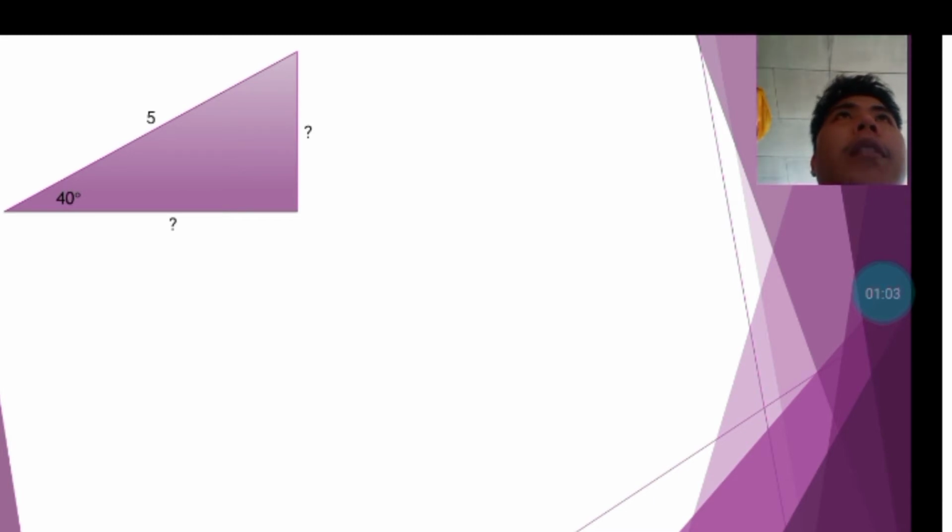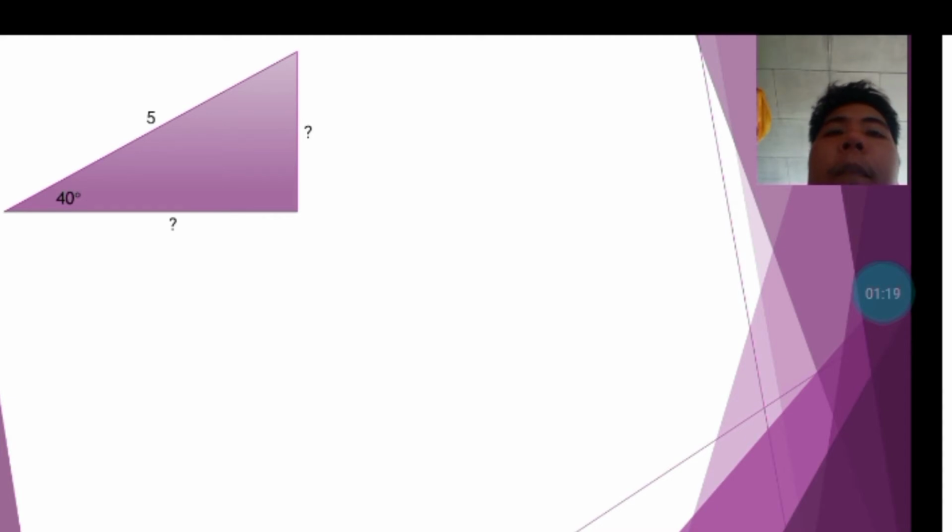So in finding the sides of a missing triangle, you are going to identify which trigonometric function suits that specific angle.